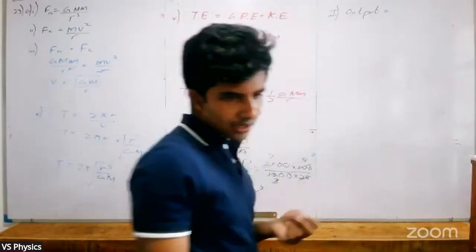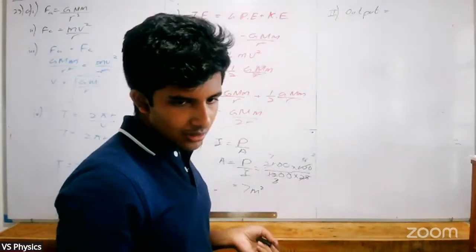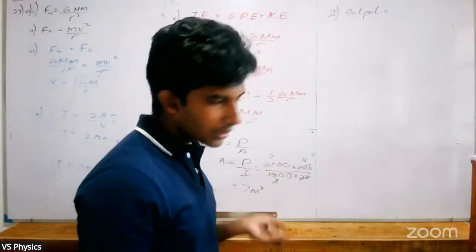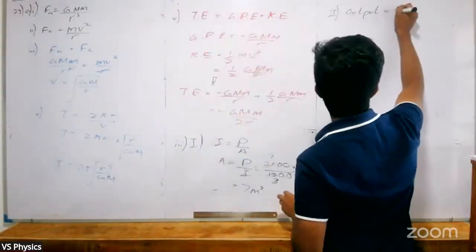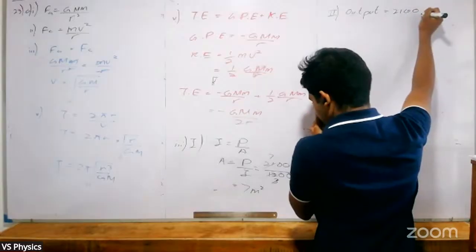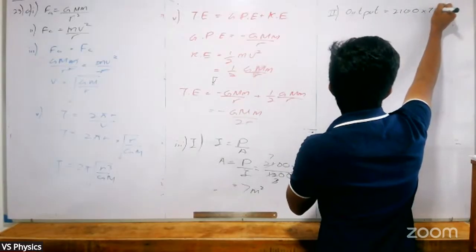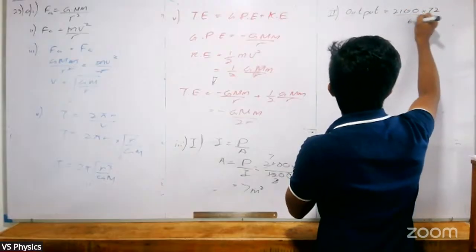Output energy will be something like, okay, we need 2100 kilowatts. This you have to get, something like that.